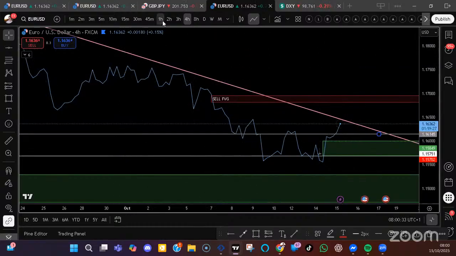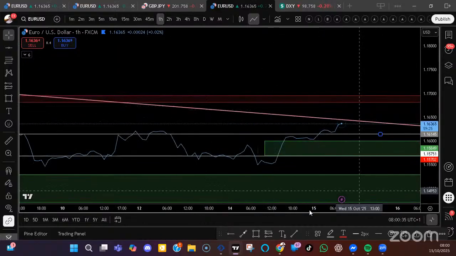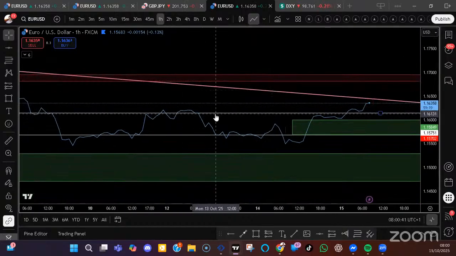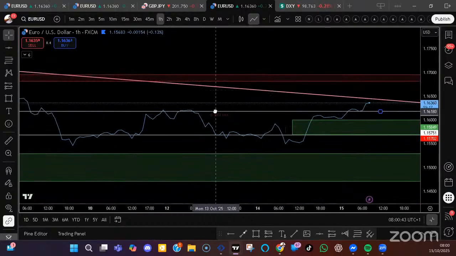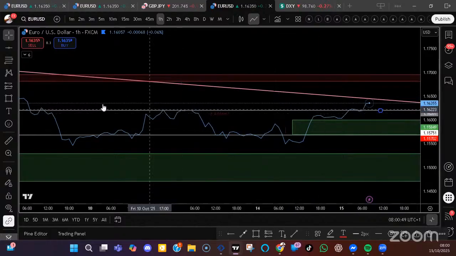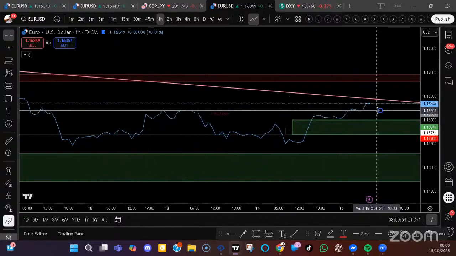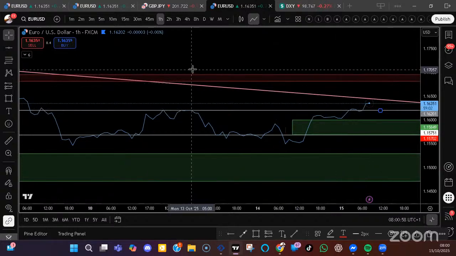Put it on the hourly. We can raise that up a smidge. Say that this area here is a fairly strong, important area. And so we'll raise it to 1.16201.